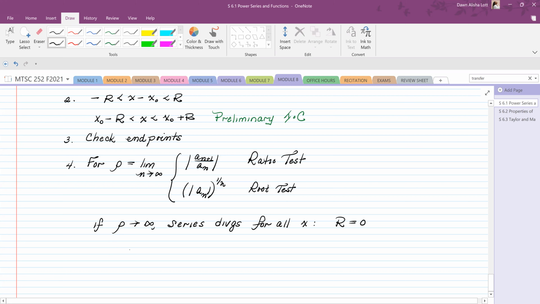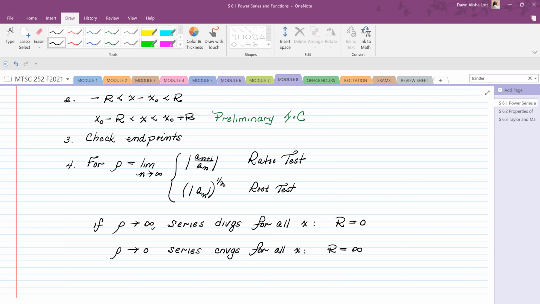If rho goes to 0, then the series converges for all x, and your radius of convergence will be infinity. Okay. All right.